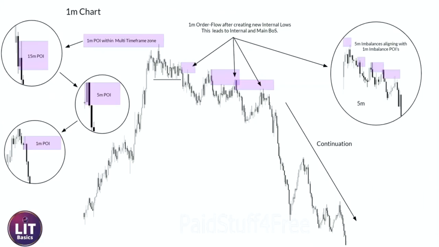So here is our example. As we can see, we've got our M1 order flow creating internal lows and leading to a quote unquote main BOS. But what this would be is the inducement, and we're now trading away from that.